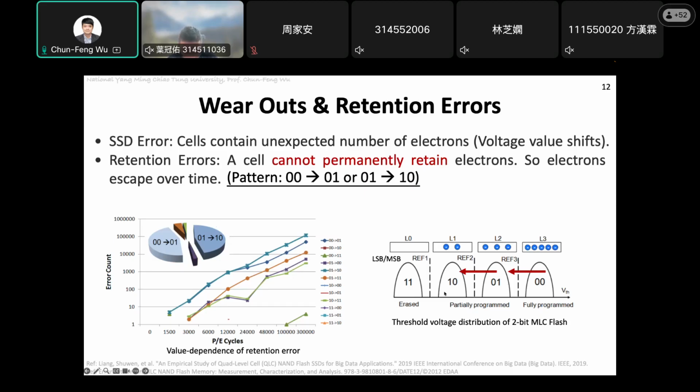But there are very few cases where the error goes in the reverse direction, which means very few errors will become 01 to 00. Okay, so this is how retention errors happen in SSD.